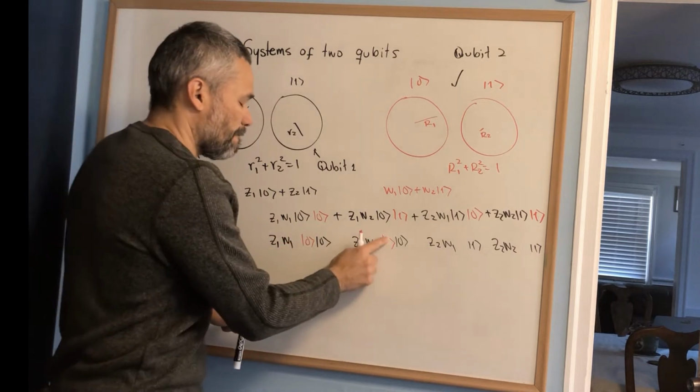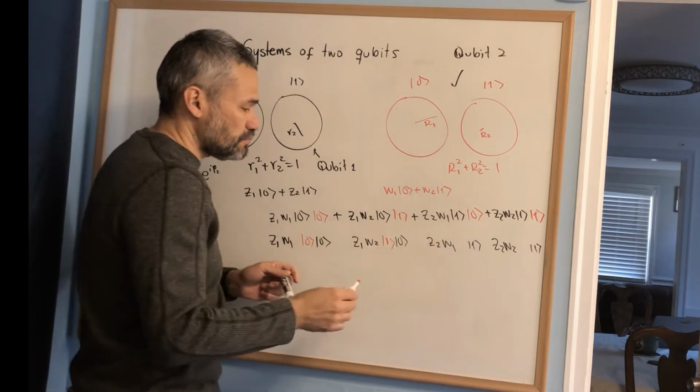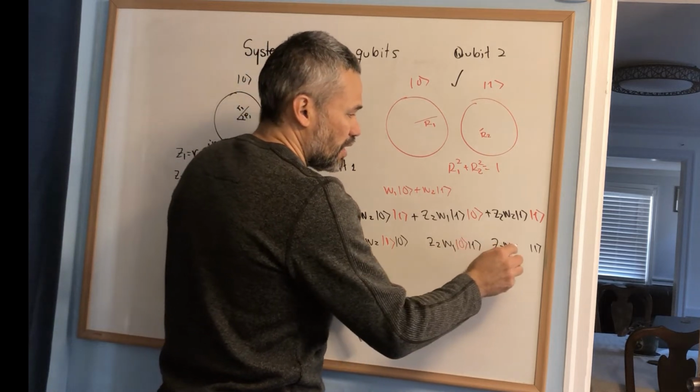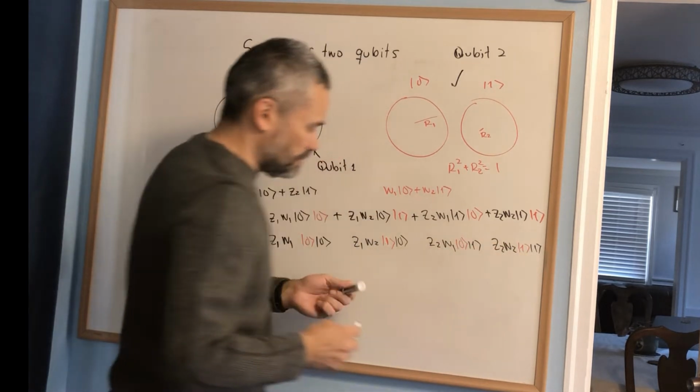Here is 1, and here is 0, and here is 1.